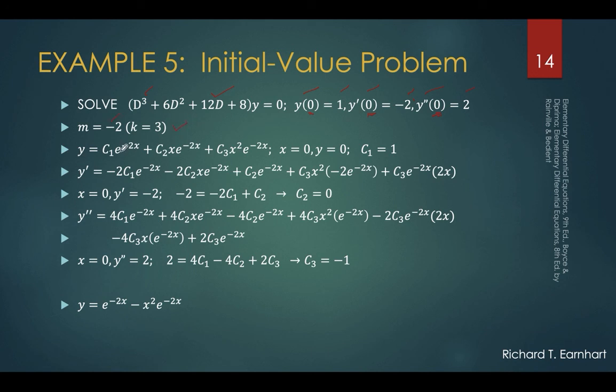So applying our formula for the solutions, this will give you (c1 plus c2 x plus c3 x squared) times e to the negative 2x. But in this case we need to expand. So that gives you c1 e to the negative 2x, plus c2 x e to the negative 2x, plus c3 x squared e to the negative 2x.